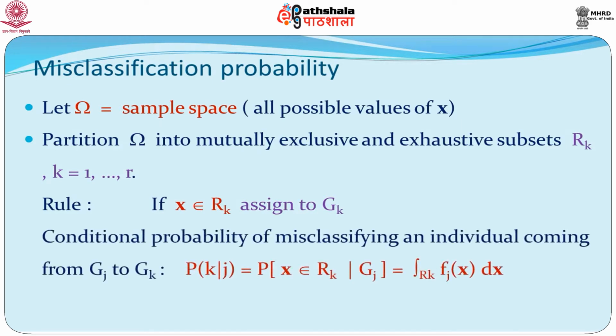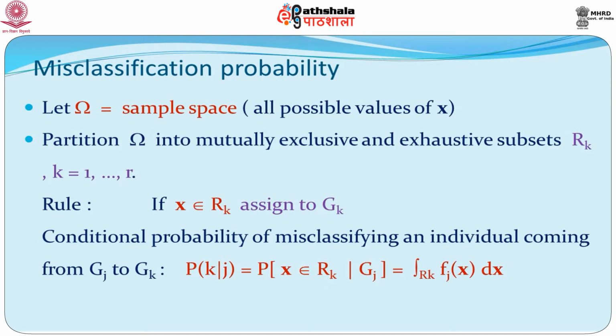In that case, the conditional probability of misclassifying an individual coming from the jth group Gj to the kth group Gk is P(k|j), that is the probability that x belongs to Rk given Gj.